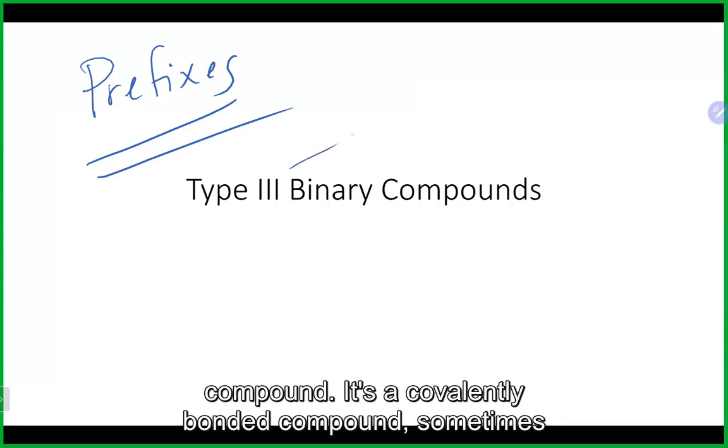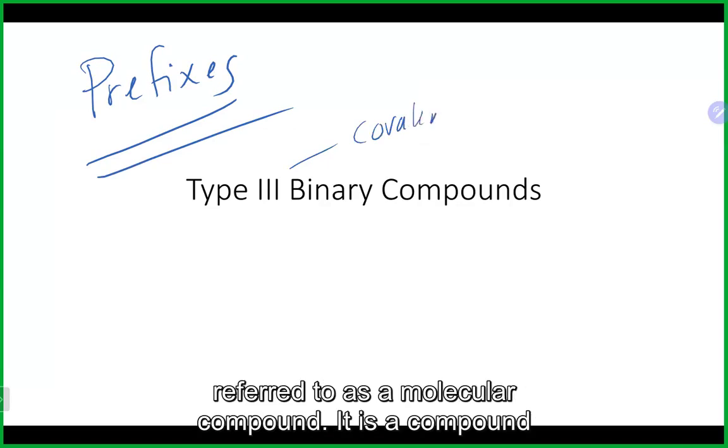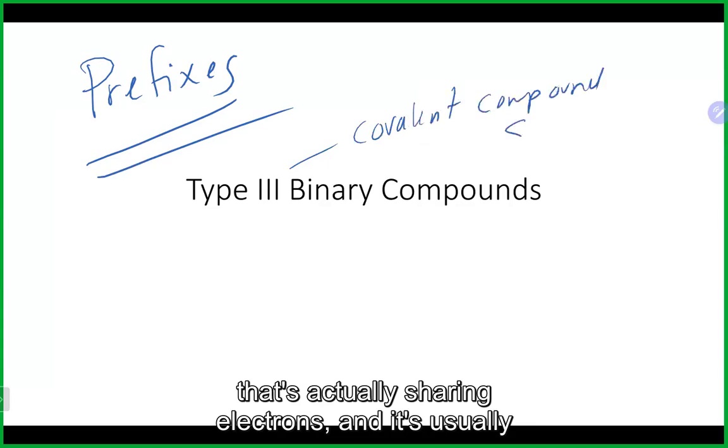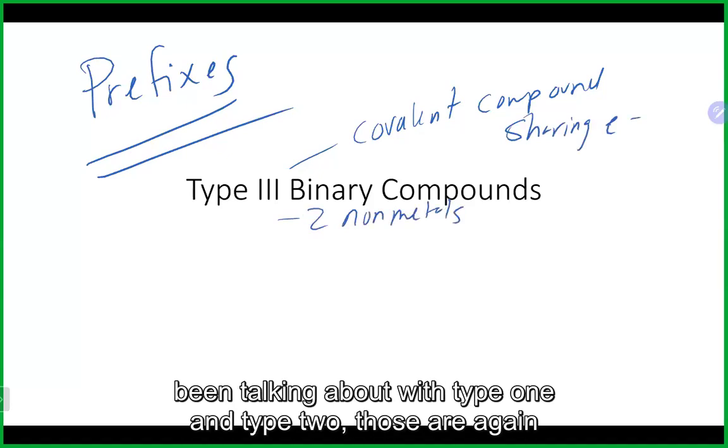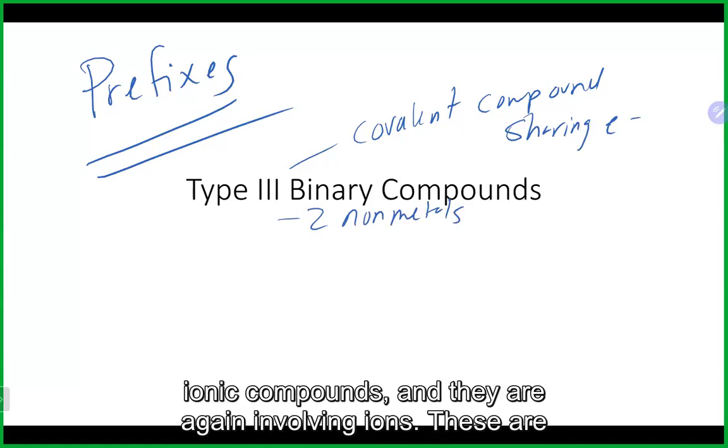It's a covalently bonded compound, sometimes referred to as a molecular compound. It is a compound that's sharing electrons, and it's usually between 2 nonmetals. So again, everything that we've been talking about with type 1 and type 2, those are ionic compounds, and they involve ions.